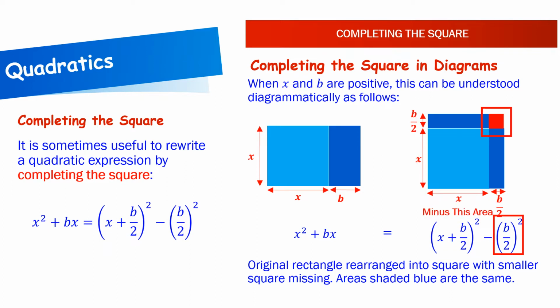However, we do have an additional square. You remember that the area on the left does not include that little square in the corner. So we have to subtract that from our whole area, as shown, to give us the expression x squared plus bx equals x plus b over 2 all squared minus b over 2 all squared.